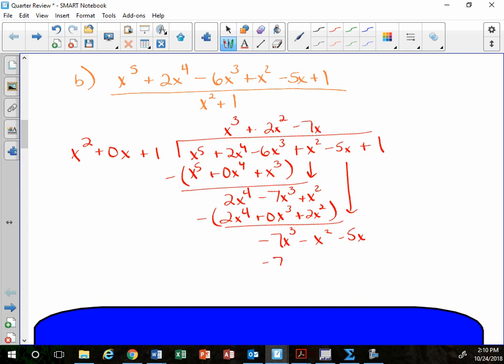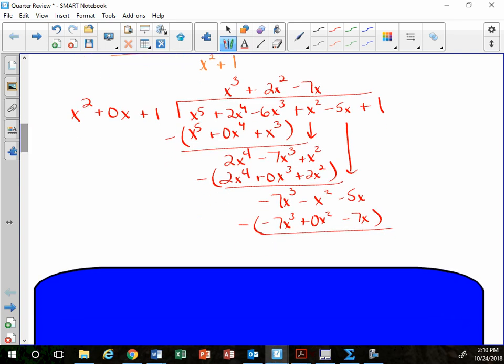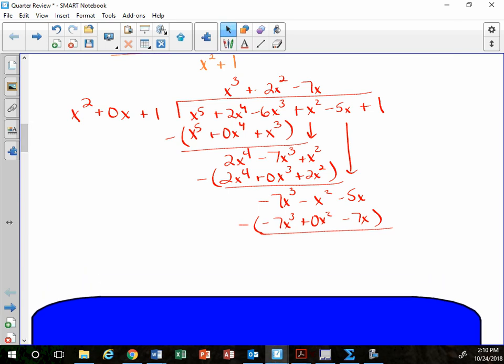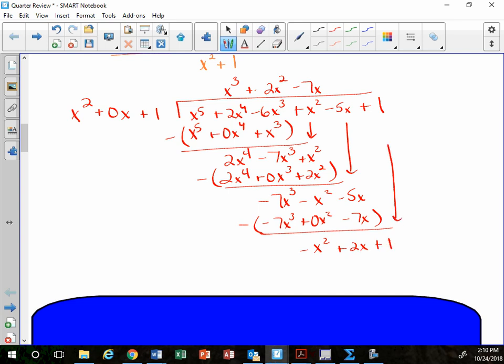Negative 7x cubed. 0x squared minus 7x. Subtract. Some of you just kind of lost this step in here. I have negative x squared plus 2x and then plus 1.